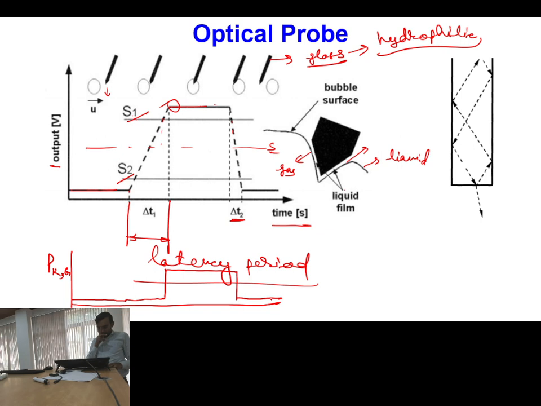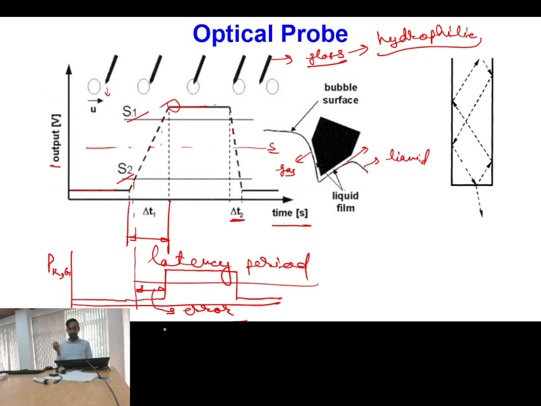Okay. So ultimately what is happening is that this is the point from where the signal has become other than the pure liquid signal. Because of this, this much portion of the length gives me error in my measurement. Is this point clear?